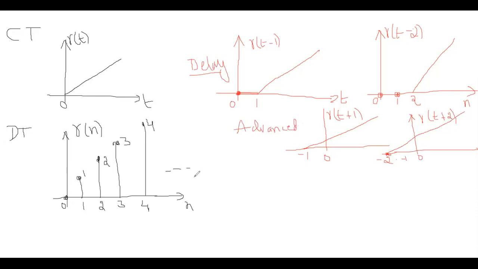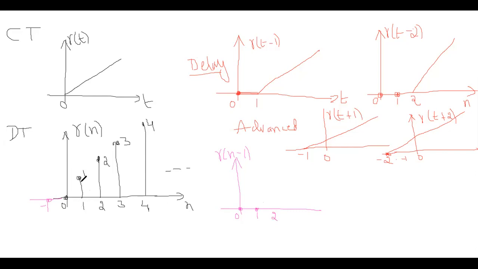Now coming to the discrete time function. Same for the discrete time function, at specific intervals only: 0, 1, 2, 3 and 4. Now I am taking a ramp function like this with the shifting of one sample, or r of n minus 1. Means the 0 is 0. Why is it 0? Whatever is at minus 1 is 0, and now the minus 1 value is shifted to 0, the 0 value is shifted to 1, and the 1 value is shifted towards 2.